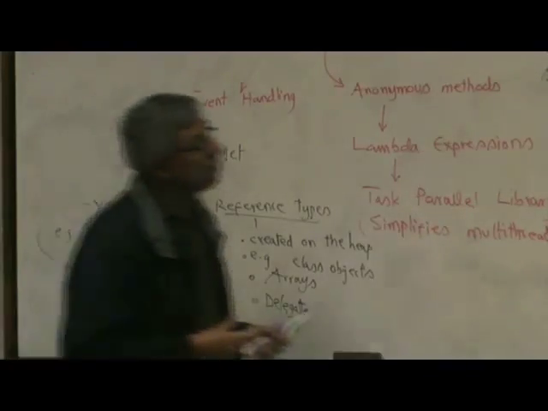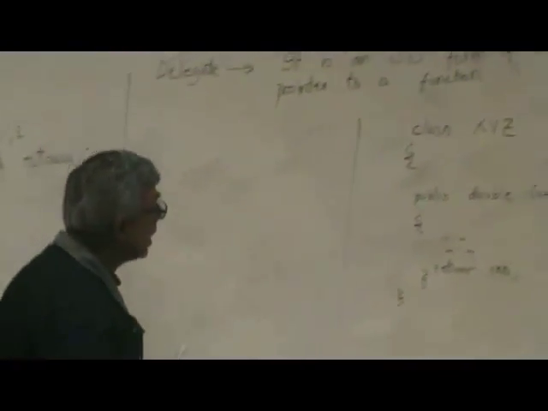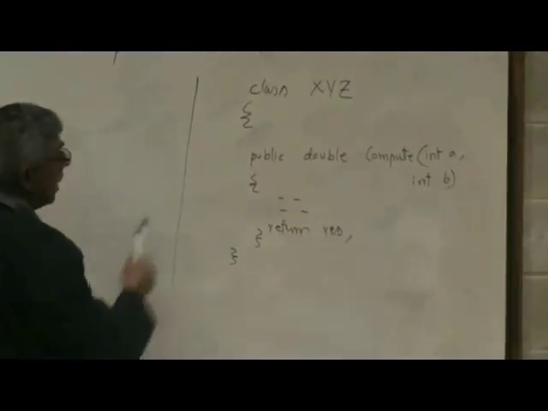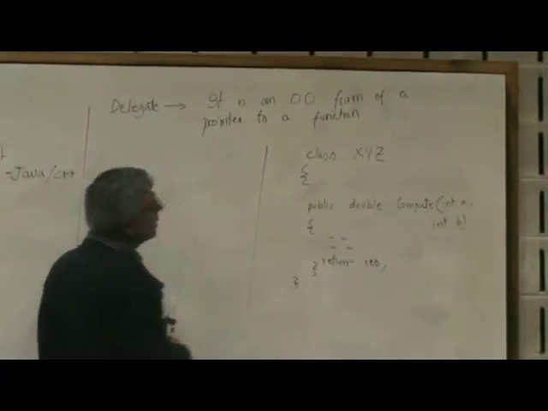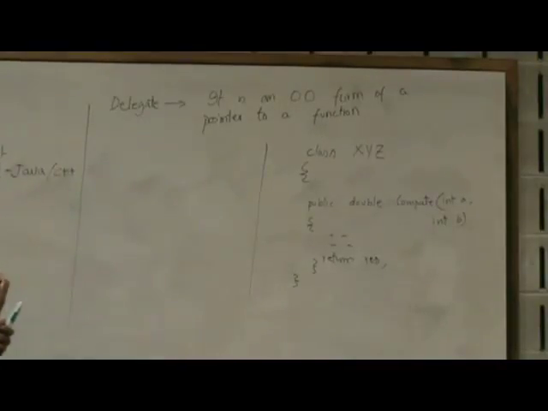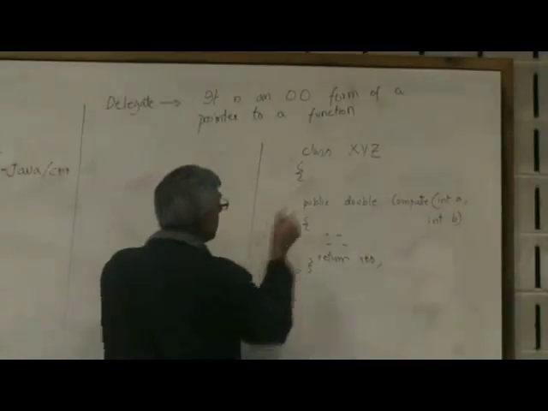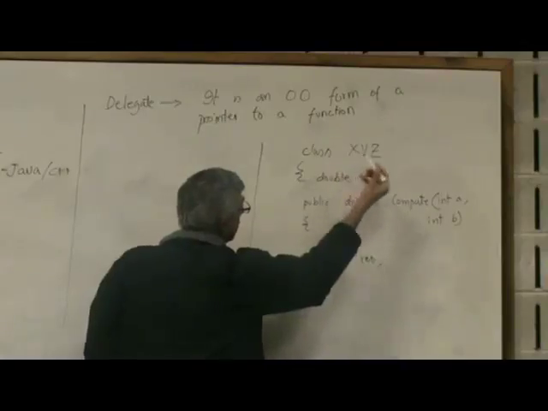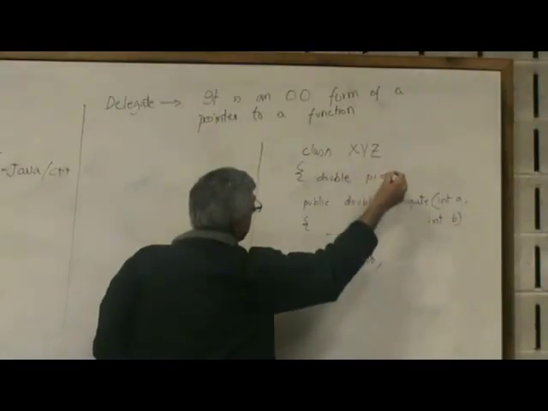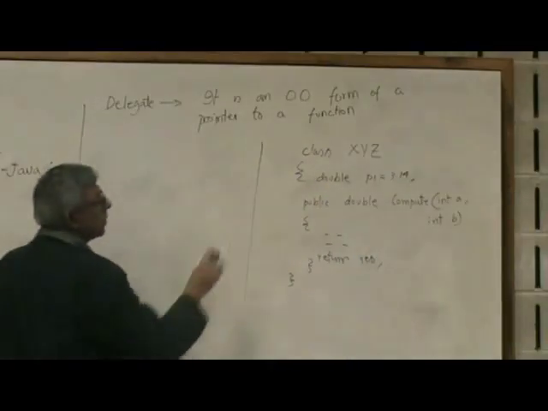Now coming back to over here, just like a class is just a template, meaning nothing exists in memory until we create an object of it, right? For example, let's say I have a double pi equal to 3.14.